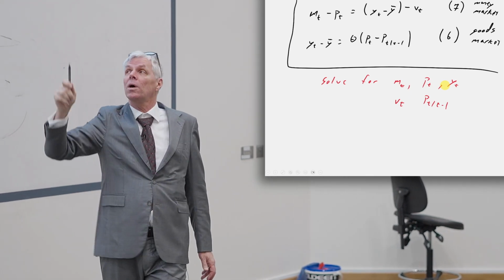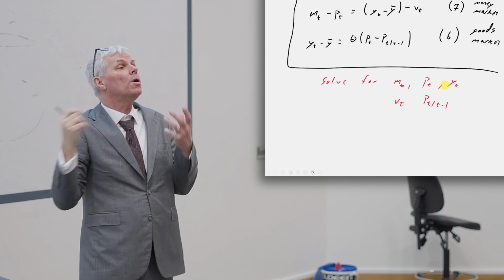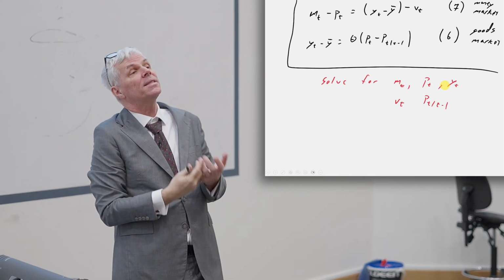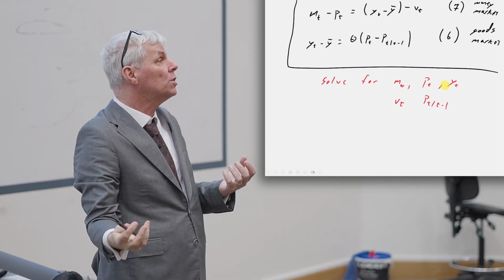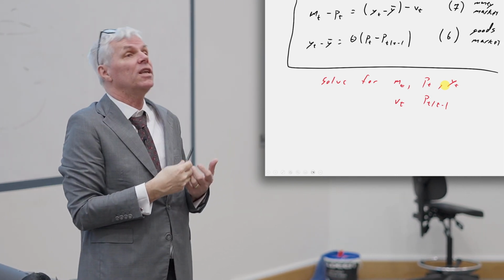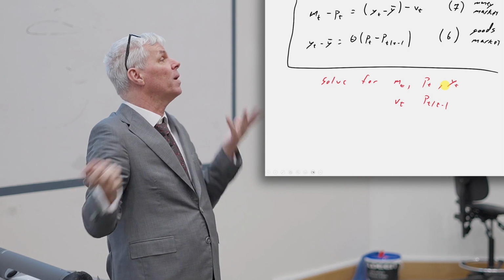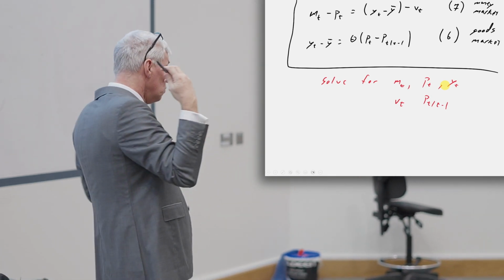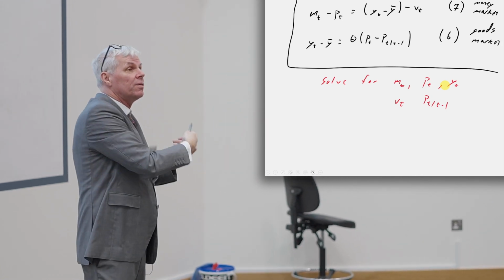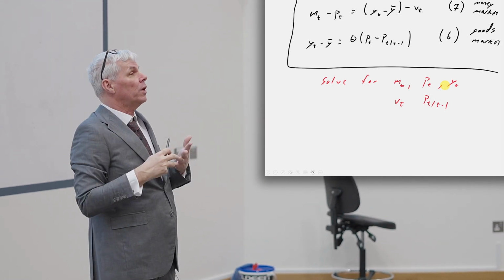So if we want to know this stuff, we need to put more into the model. And the math is telling us that, right? We need the same number of equations as we have unknowns, otherwise we can't solve it. Either we have no solution if we have too many equations and not enough unknowns, or we have many solutions if we have more unknowns than equations.